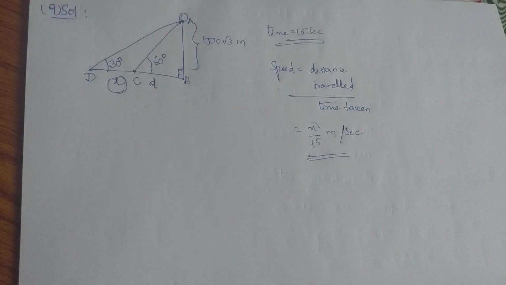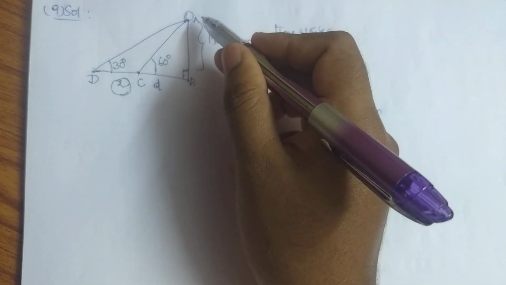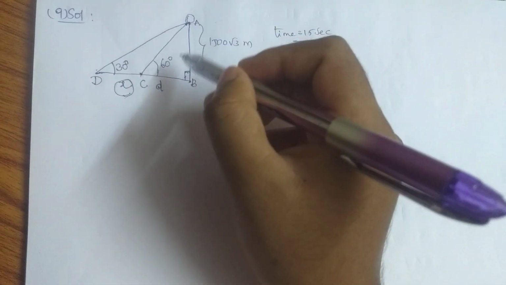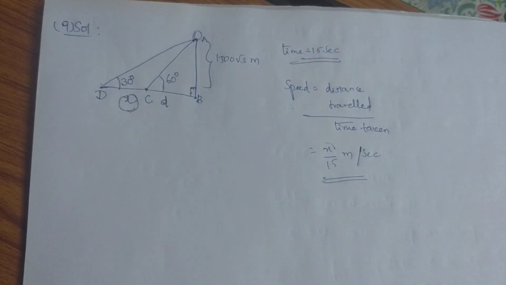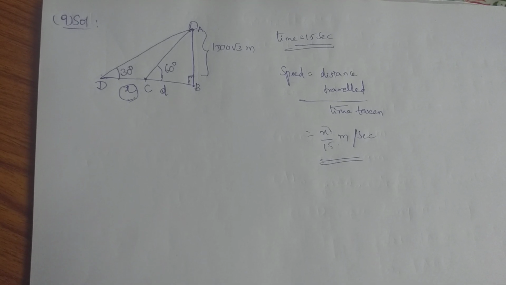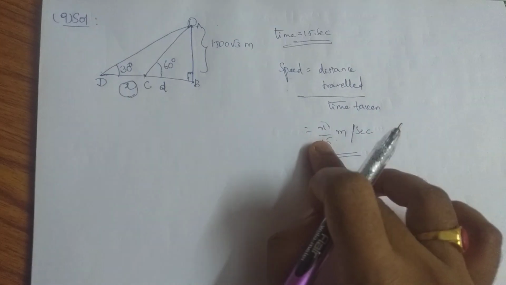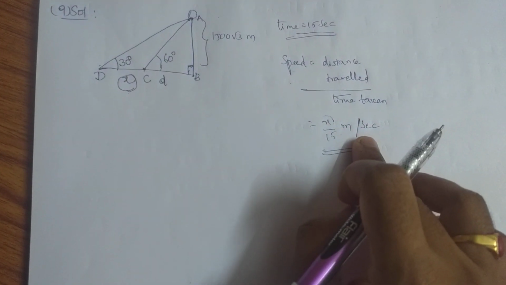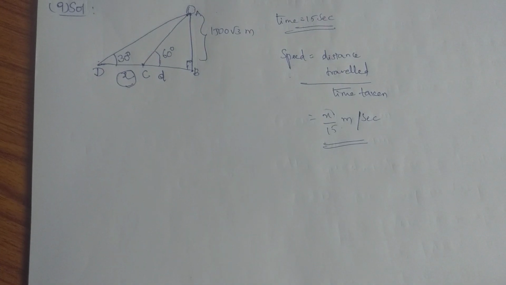Height is the opposite side for both triangles, which is the same, and the adjacent side is involved, so the applicable trigonometric ratio will be tan only. Using tan, you find the value of x, then substitute it to get the speed. Clear? So till now whatever we have discussed, let us put it in the form of working steps.